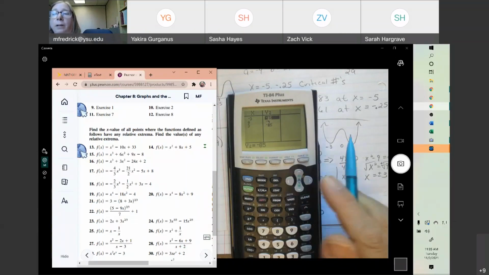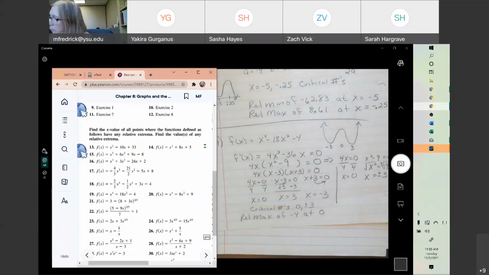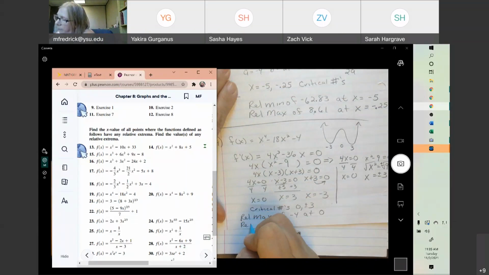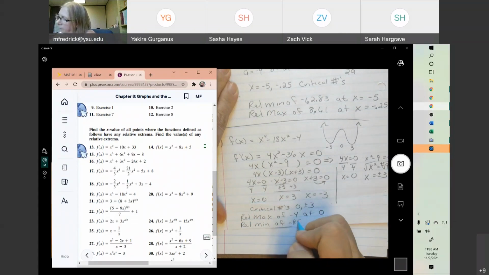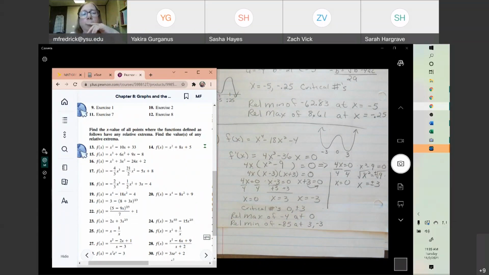So our relative mins are at the exact same value. So we have a relative min of -85 at 3 and -3. Any questions on that?